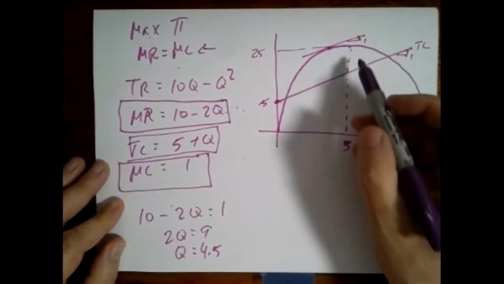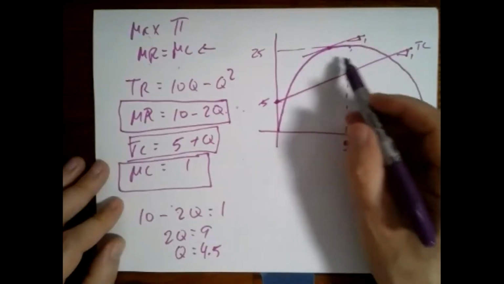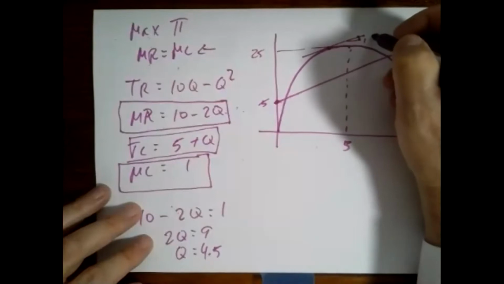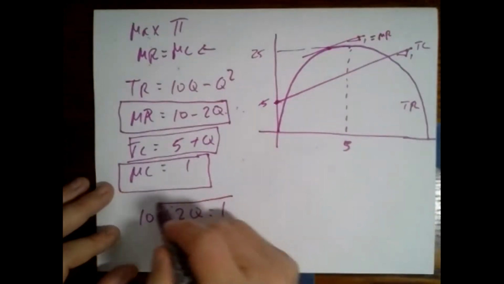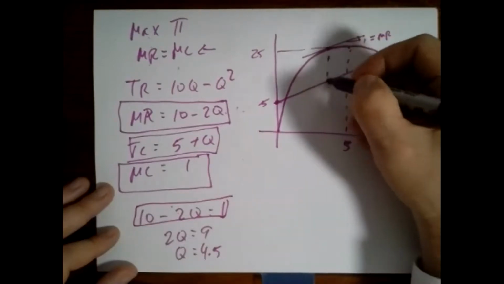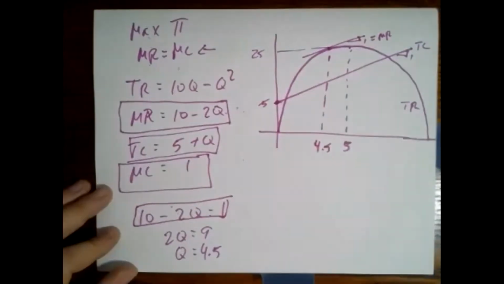So I'm looking for a point on the total revenue curve that has a tangent with a slope of 1. In other words, I'm looking for where marginal revenue is equal to 1, which is what I just did. I set marginal revenue equal to 1 and solve for it. The point where marginal revenue is equal to 1 is a quantity of 4.5.